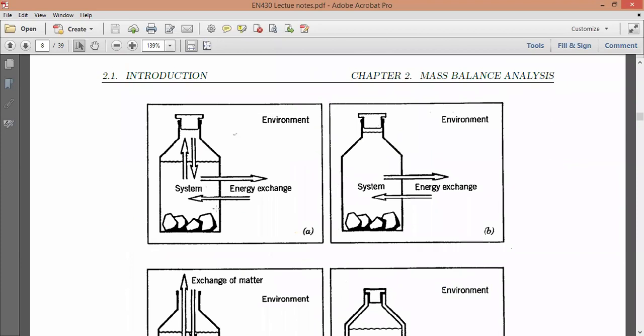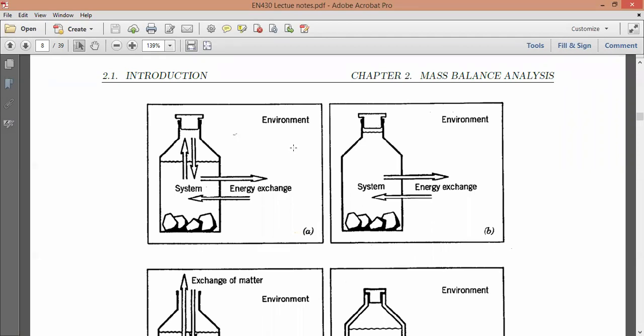Okay, so there's system A. This is a closed system. You can see that this bottle here is the system. This bottle is closed. As you can see, it has a lid at the top, and that's the environment. So it's a closed system, however, it has energy exchange. So this is a closed system with energy exchange with the environment.